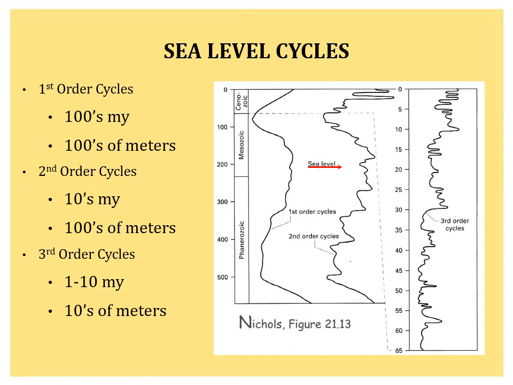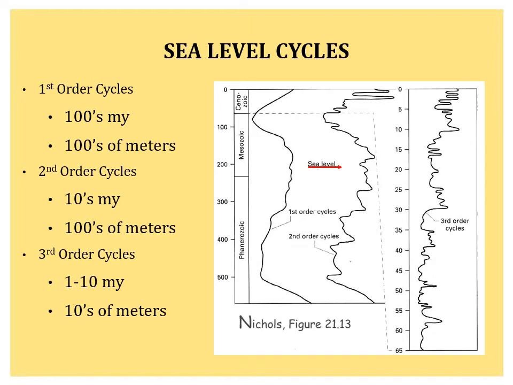Here are the various types of sea level changing curves, and depending on the intensity, there are different orders of cycles of sea level change. As you can see, the first order cycle is almost on the eon scale.